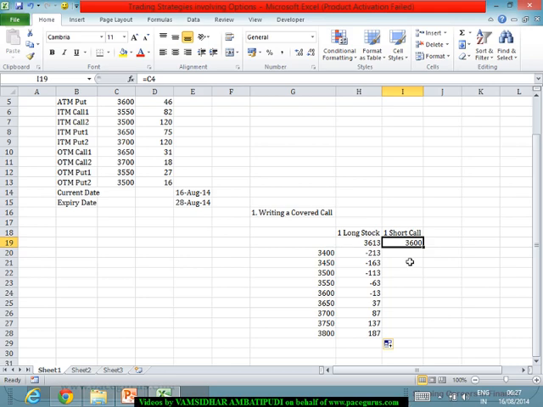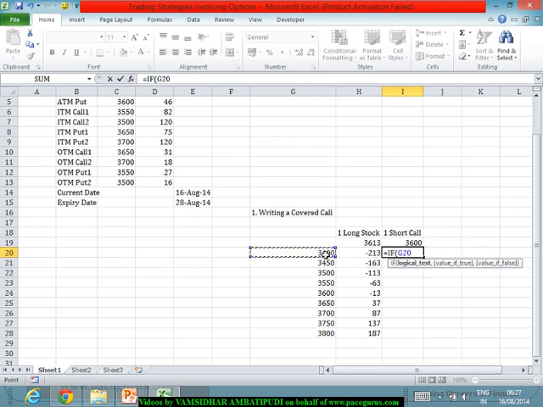Which means if the market price is below 3,600, he will let it expire. So if the market price is less than the call option price, the buyer is going to let it expire, so the seller has neither a gain nor a loss. So I will directly take the benefit or loss as zero.